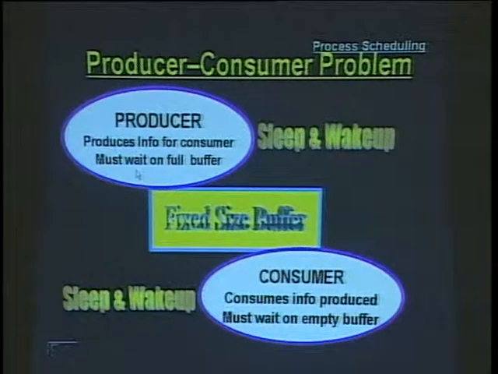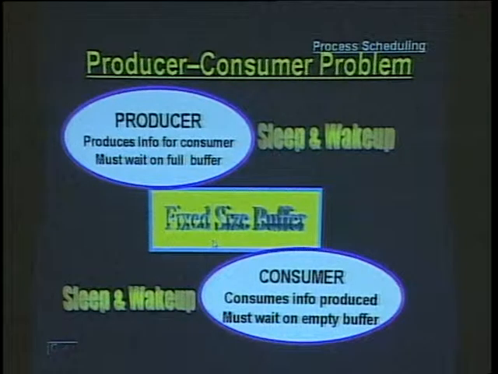We see here the producer produces information for the consumer, and the consumer consumes information produced by the producer. But they share a fixed size buffer.